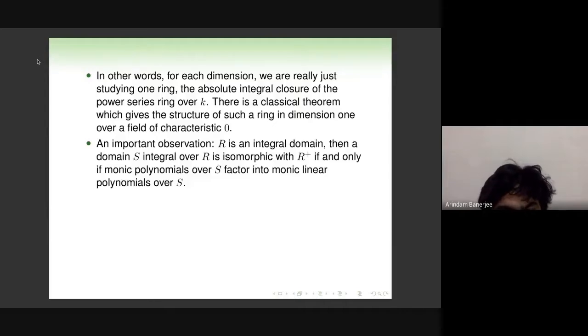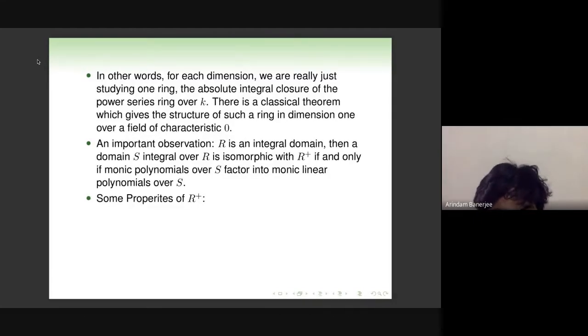I don't think I'll be able to prove all of them, but I'll prove at least one of them, which is a theorem by Michael Artin.